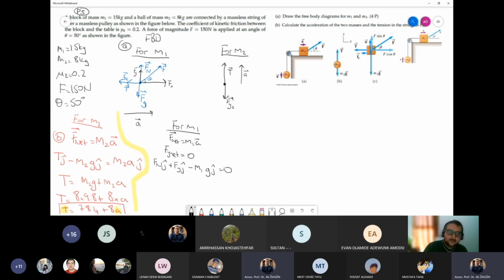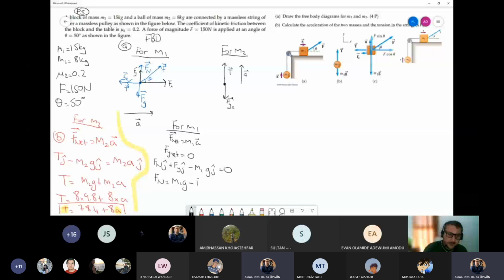Are they correct? Yes. F normal upward, Fy upward, Fg downward. So Fg is equal to M1G. From here, what can you find? You can find what the Fn is. Fn is equal to, taking them to the other side, M1G minus Fy.